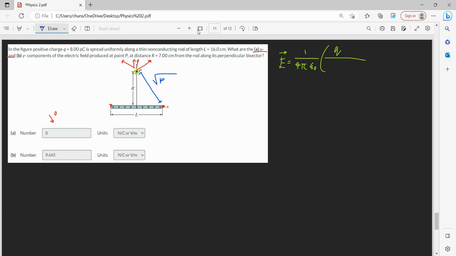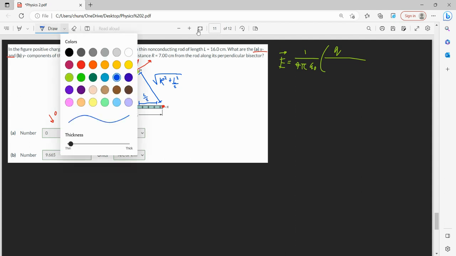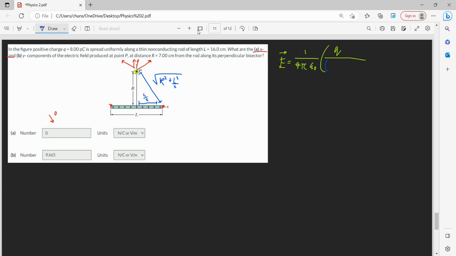Square root of r squared plus l over 2 squared, I guess, right? Because this distance is l over 2. So let's write that in, squared. And then we want our sine theta. So let's find sine theta.